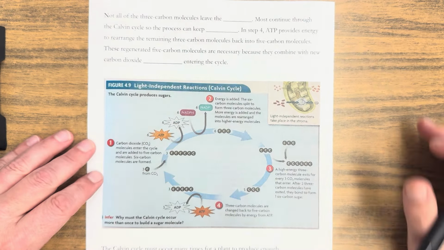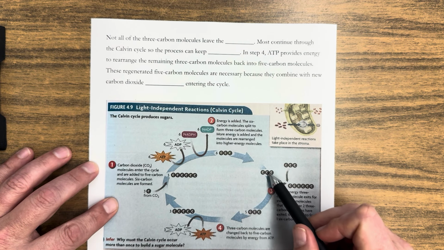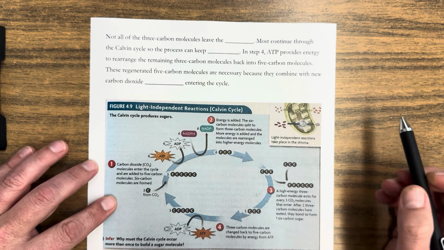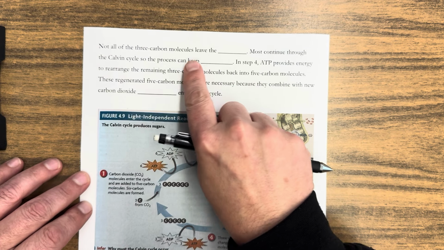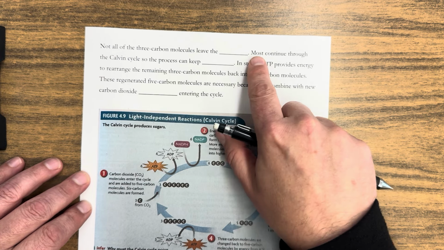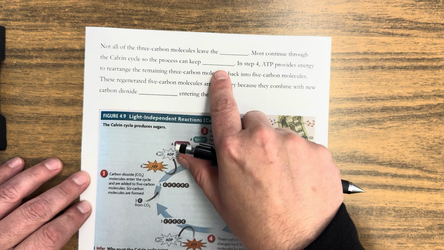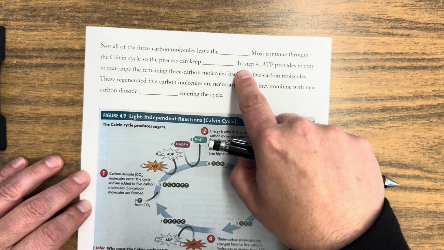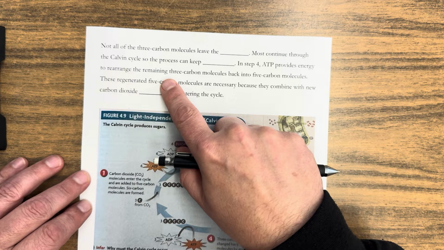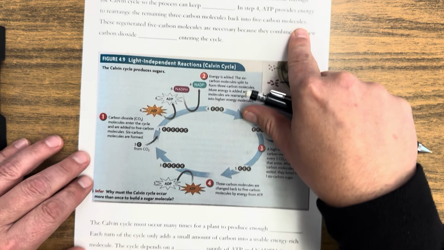All right, just a little bit more. So that's part of the cycle. Half of these molecules have dropped out, but the other half are going to keep going. Not all of the 3 carbon molecules leave the cycle. Most continue through the Calvin cycle, so the process can keep repeating. In step 4, ATP provides energy to rearrange the remaining 3 carbon molecules back into 5 carbon molecules.